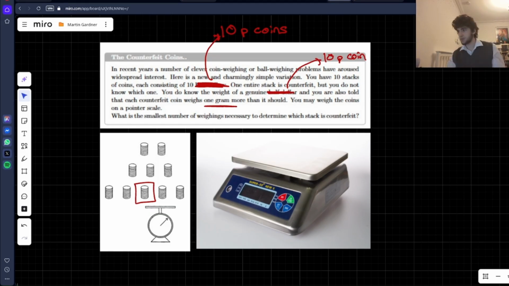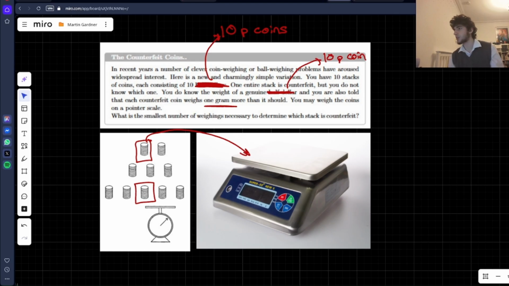There are a couple of approaches to this problem. The most simple one is obviously to just take each individual stack of 10p coins and place them on the scales.